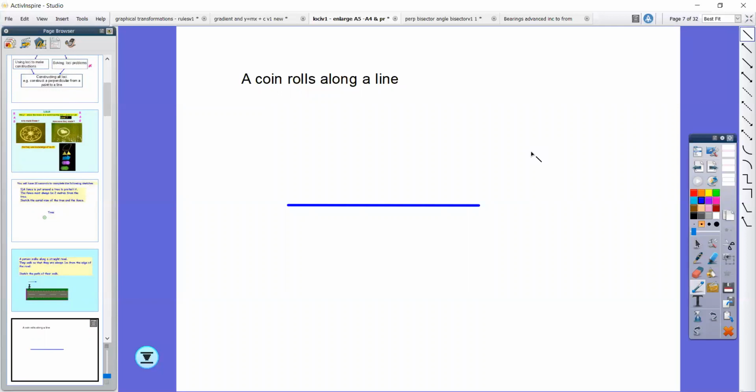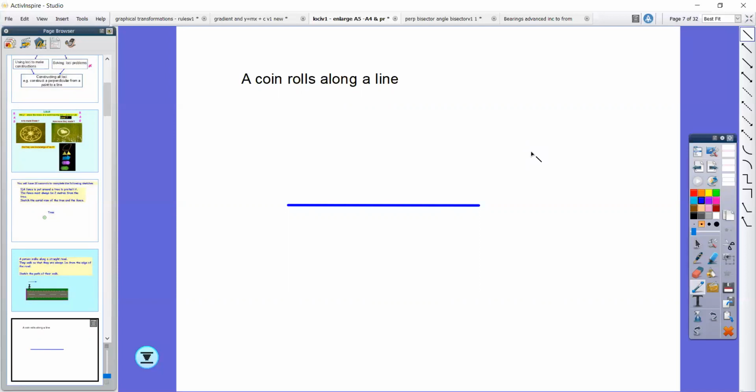Okay, now visualize the center of the coin. Now imagine that was a little flashing light. Okay, so you've got little dots of light there. Then keep moving that coin around that line, keep rolling it along the top of the line, around the ends, along the bottom, underneath the line, I should say, round, back round, till it gets back round to the start.